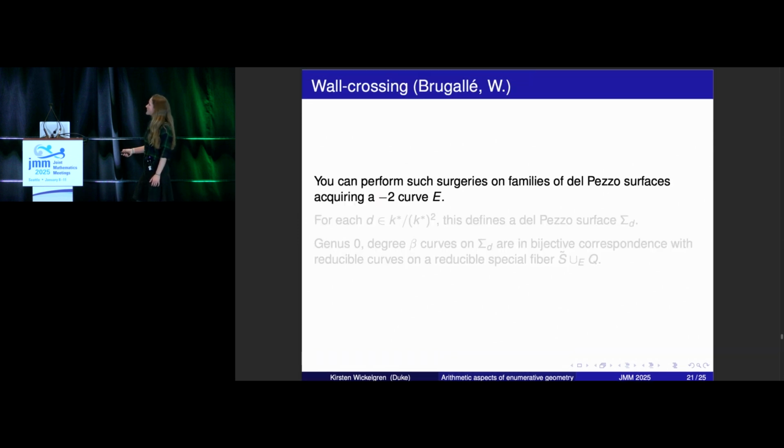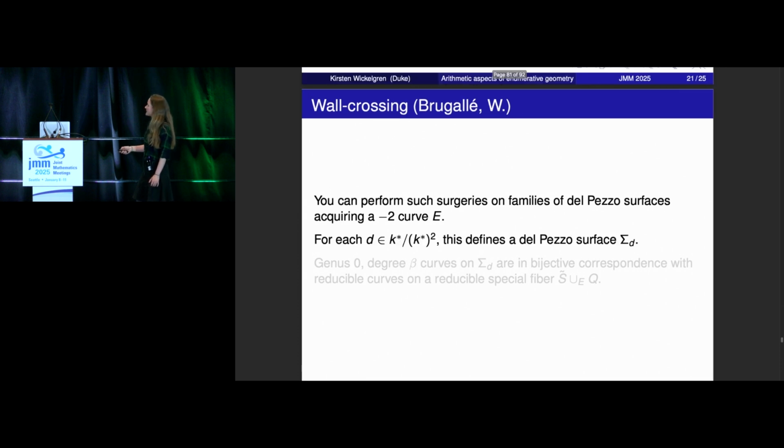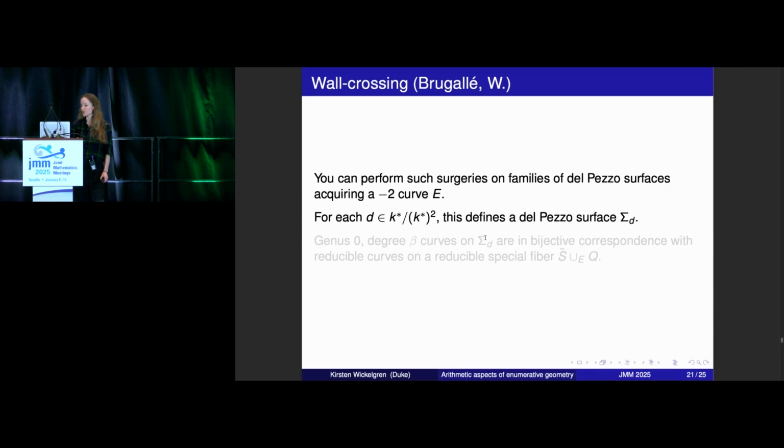So there are a lot of families of del Pezzos where you can, for each d in the constants of your field, do a surgery and define a lot of different del Pezzo surfaces sigma d.